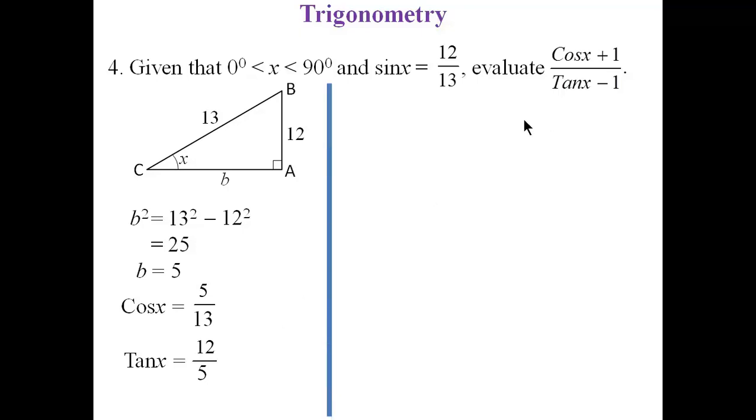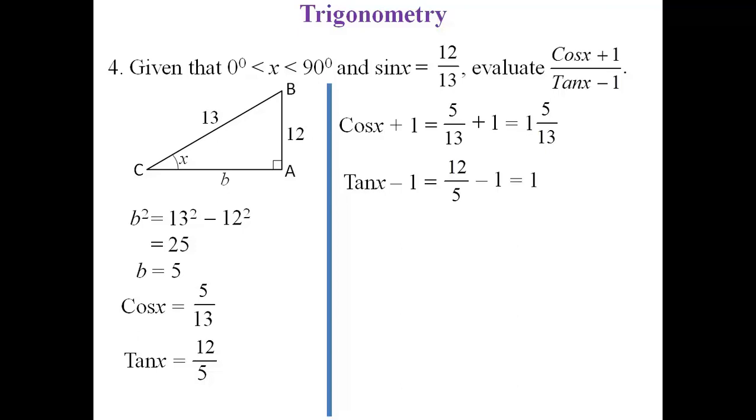Now we go into the problem. Look at cos x plus 1 first. Finding cos x plus 1, we have 5 over 13 plus 1, and that will give us one whole number, 5 over 13. So we find tan x minus 1, that is 12 over 5 minus 1. 12 over 5 is 2 whole number, 2 over 5, so we can have this as one whole number, 2 over 5. So from here, we bring in the expression to be evaluated.